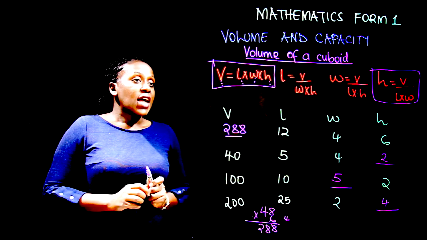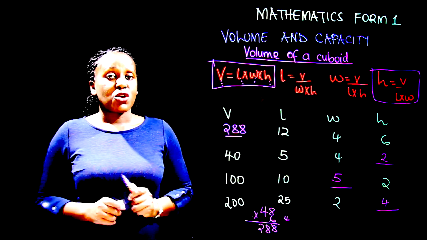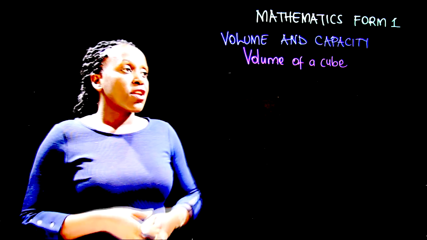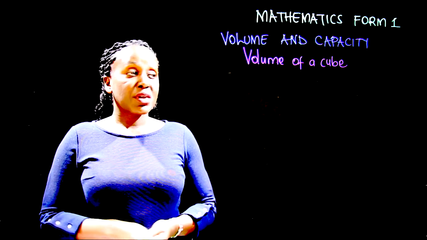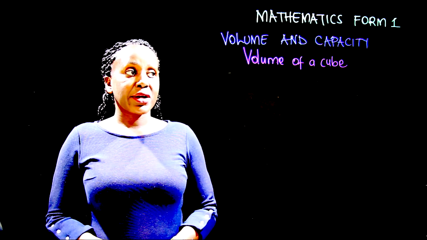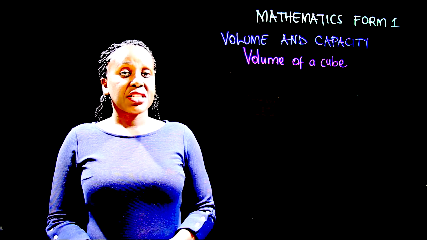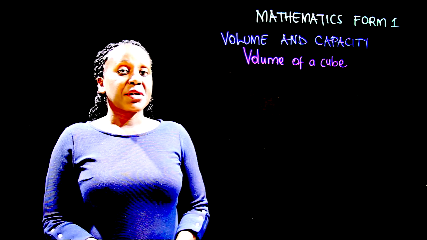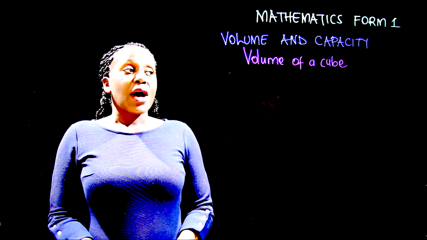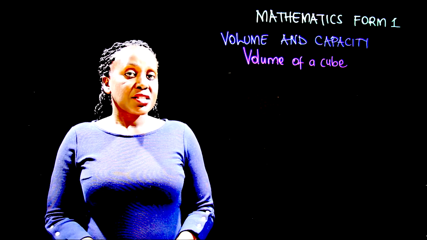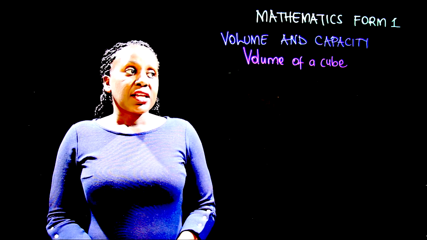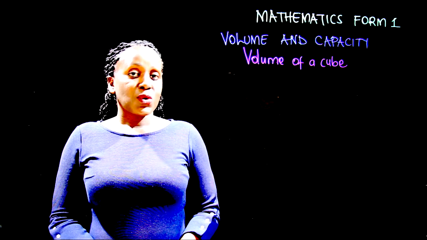Now we are going to look at how to determine the volume of a cube. A cube is not very different from a cuboid. In fact, the only difference is that the faces that make up a cube are made up of squares. So a cube still has 6 faces and it is made up of equal squares.